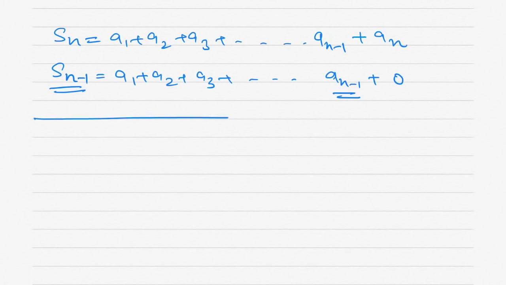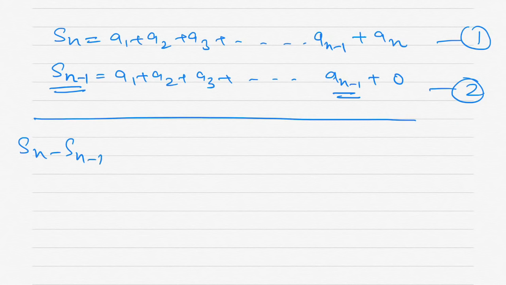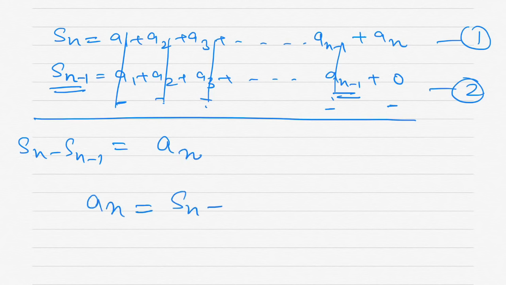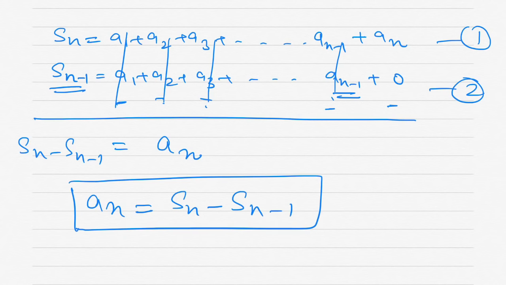So if I subtract equation 2 from equation 1, we have Sn minus Sn minus 1 is equal to, see, every corresponding term will get cancelled and we have only an. So we have the formula for an in terms of Sn: an is equal to Sn minus Sn minus 1.